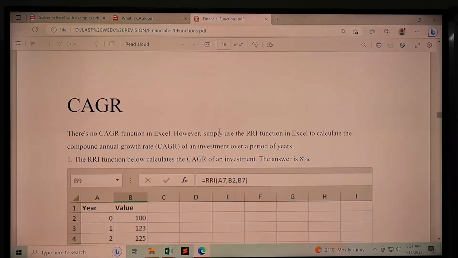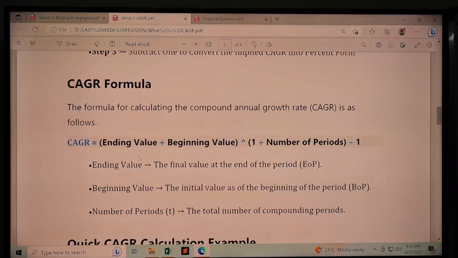That is, we can use the RRI function in Excel to compute the same. So we have seen the function we can use. So we're going to use the two to compute the same. That is, you can confirm your answers using the formula and again using a function in Excel. So let's check how this function works.